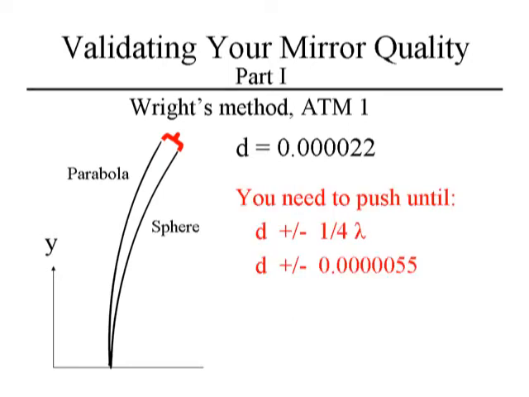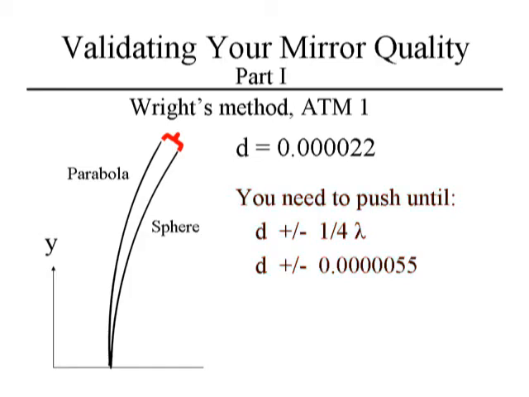We only need to push it 3/4 of the way. Or we need to go 22 millionths plus or minus 5.5 millionths. And 5.5 millionths happens to be 25% of 22 millionths. So you need to go your r squared over r value plus or minus 25% in this example.